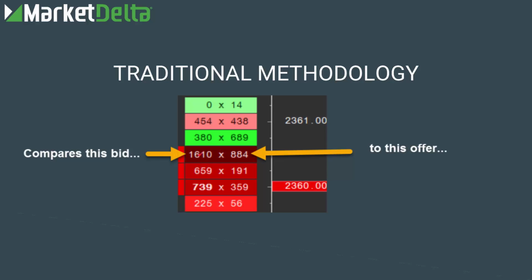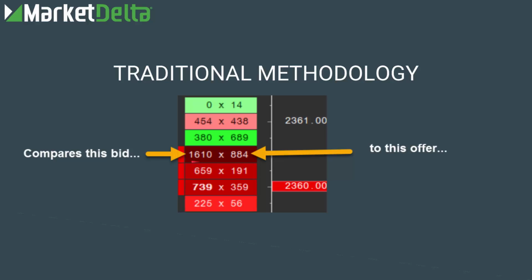It's the traditional classification, but everything's on a single price. It's just looking at a single price, and as that price becomes bid or becomes offered, it classifies the volume that trades at that price as bid traded volume or ask traded volume. And that is how the traditional footprint classification algorithm works.